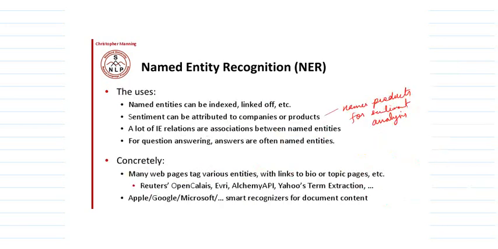So in a single piece of text there could be relationships or associations between different named entities. Similarly, for question answering, answers are most often named entities, right? So in any kind of language processing task, named entity recognition could play a significant role and enhance the performance of that task.